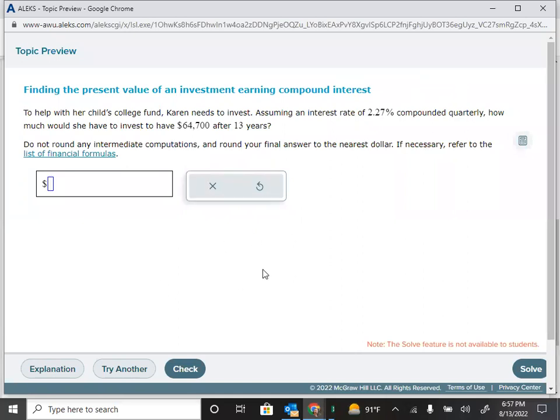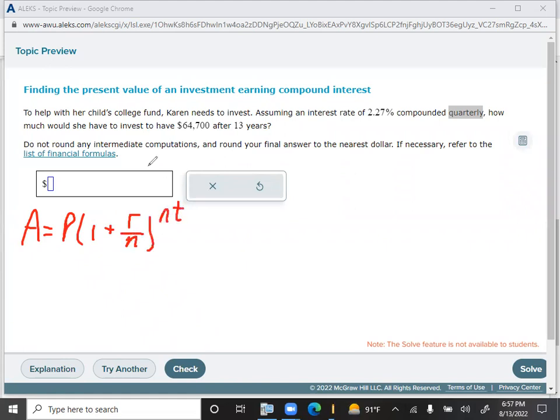Okay, so now find the present value of an investment earning compound interest. This doesn't say anything about continuous, and in fact it does say how often it's going to be compounded. So we're going to be back to the A equals P times 1 plus r over n, to the nt formula, and of course you get that right there. Let's see. To help with her child's college fund, Karen needs to invest.